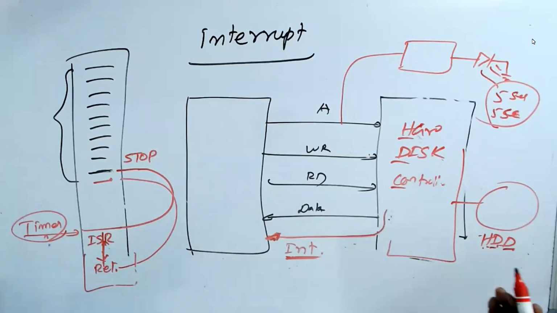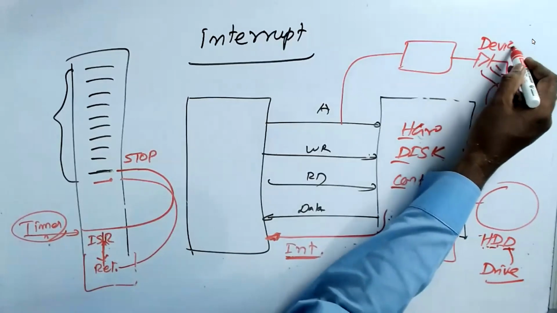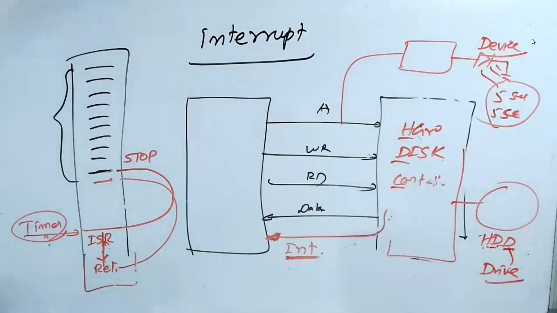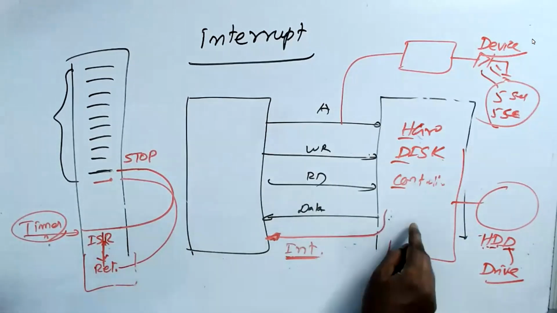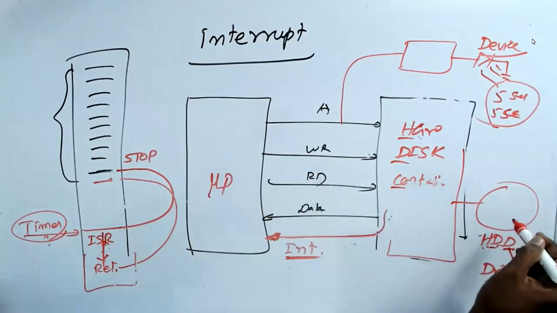HDD is hard disk drive. This is a device like an LED. LED is a device. Please never confuse the device and the controller. The controller is sitting in between your microprocessor and the device.